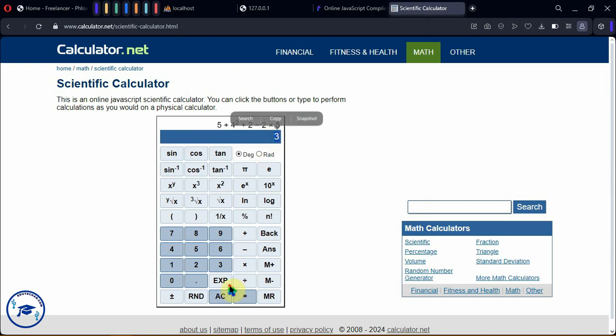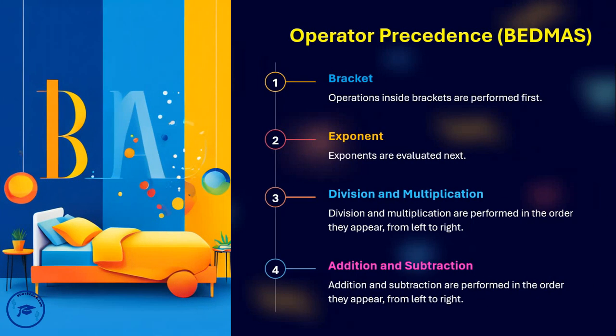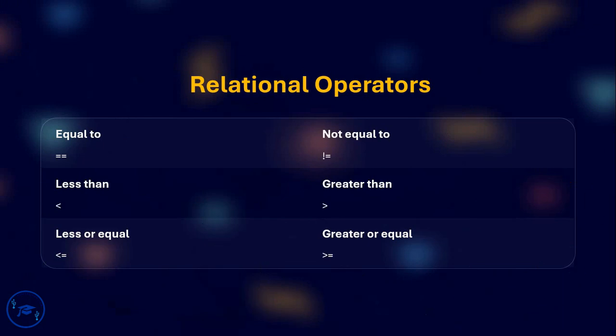Great. So we get the answer to be 3, which makes our calculation here also correct. And that is how the operator precedence works in programming using the BODMAS formula. So I guess that is what we are supposed to discuss.